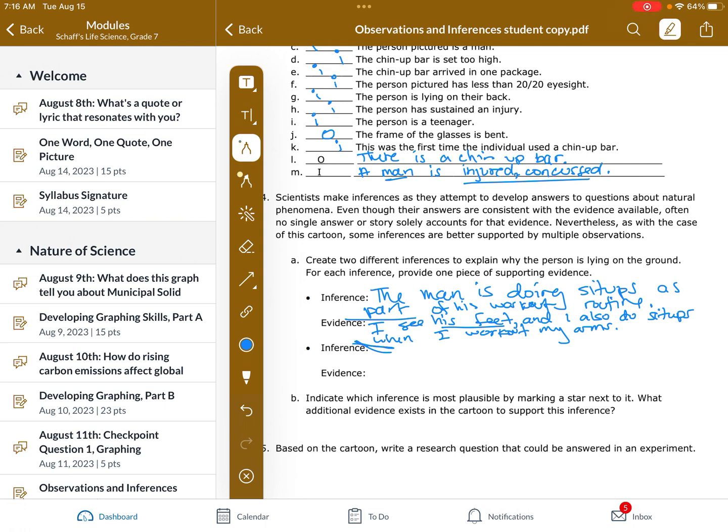So inference, let's see. The next inference is the one that I'm going to stick with earlier. A man is injured.